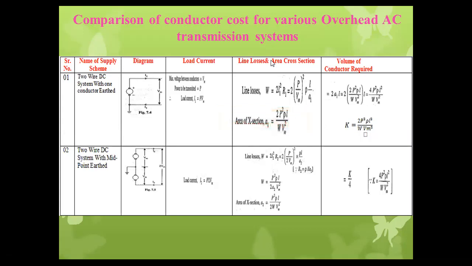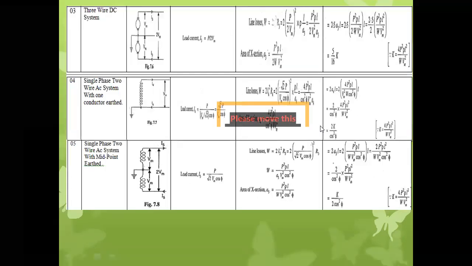See over here, in the next or third case, it is 15 by 16 into K. To calculate 100 into 15 divided by 16, what is the value for this? Anyone tell me. 500 divided by 16, how much? 31.25 meter cube.